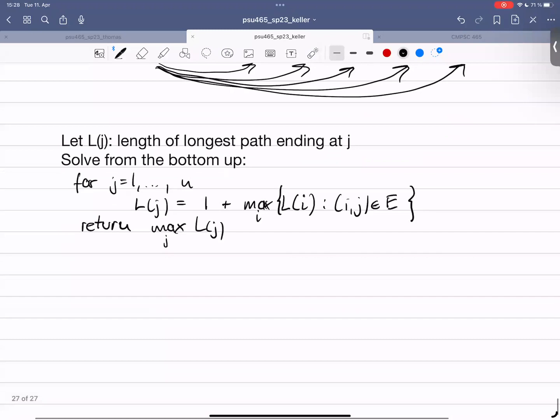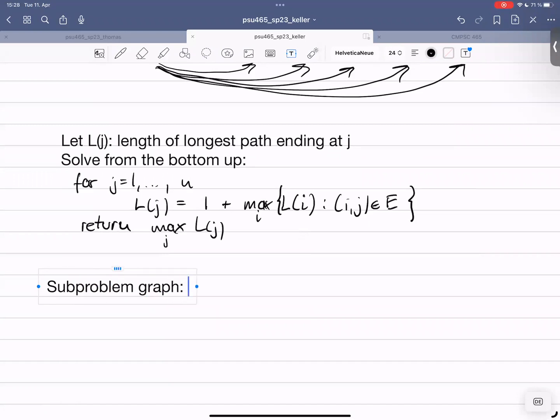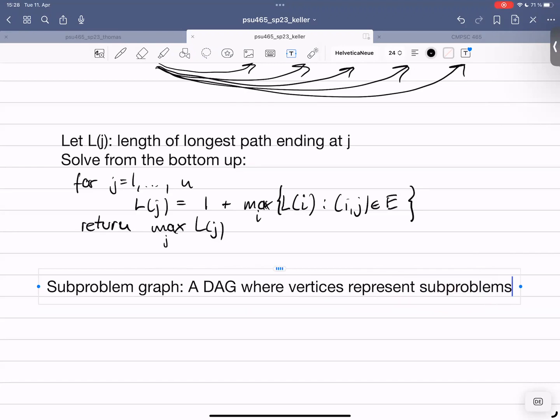This is what's known in this context as a subproblem graph, which in this case is a directed acyclic graph, where the vertices correspond to the subproblems that we're trying to solve. And we have edges between two subproblems, x and y, whenever the solution for x depends on the solution for y.